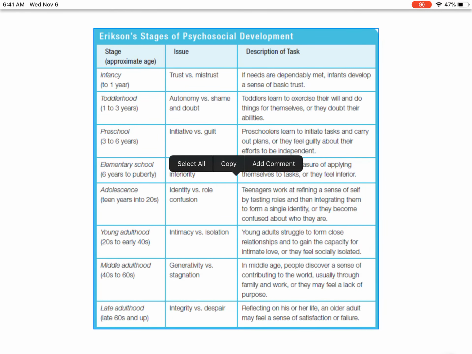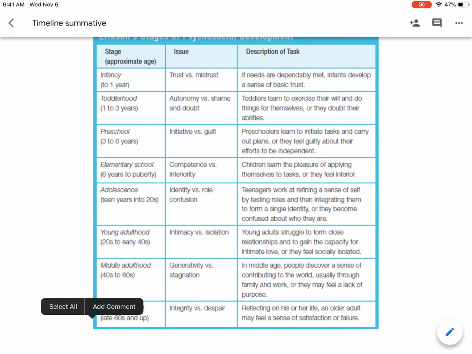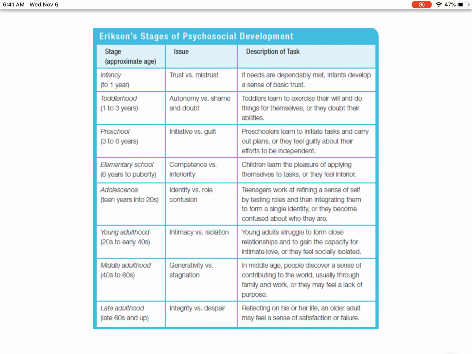Quickly going through Erikson. Stage 1, trust versus mistrust. Do you develop trust in the world or not? 2, autonomy versus doubt. Are you an independent person?